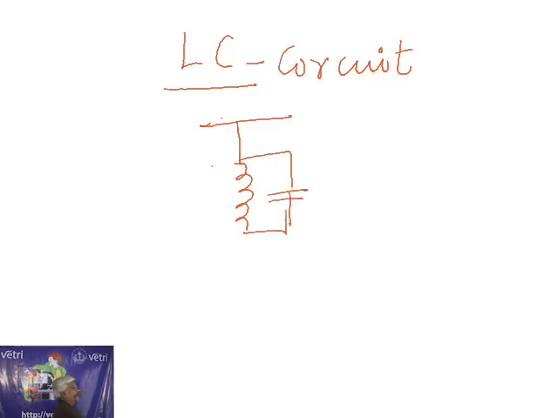If an inductor of inductance value L and a capacitor of capacitance C are connected in parallel, it is called an LC circuit, or otherwise called a tank circuit, T-A-N-K, tank circuit. What is a tank circuit? Any inductor and capacitor connected in parallel, then the circuit is called a tank circuit.